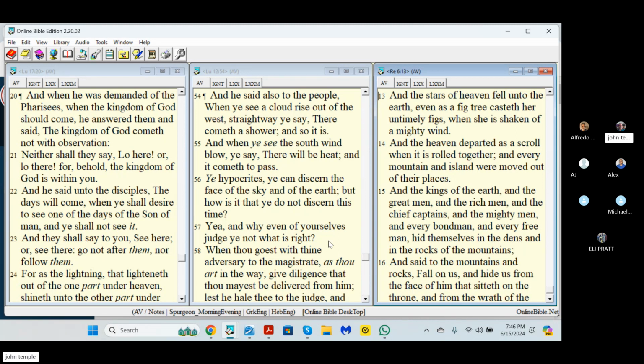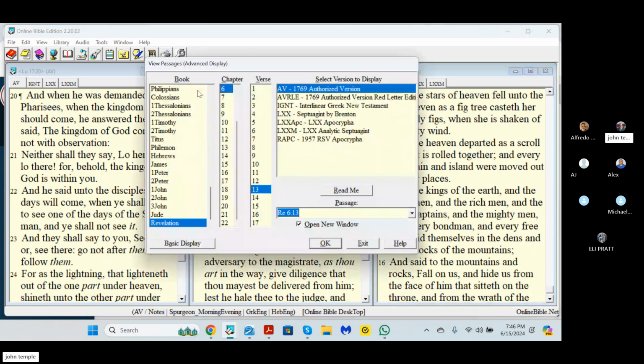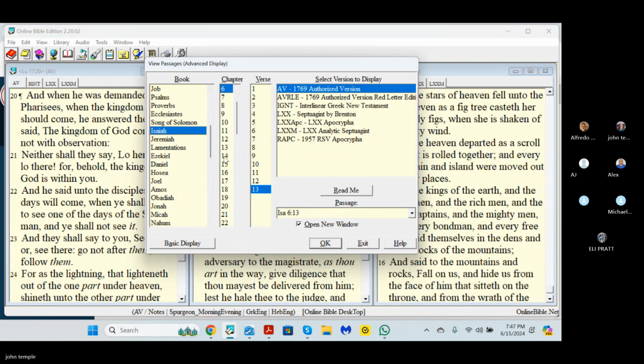And the basis, you'll find this in Isaiah 34. It goes back to that. Isaiah 34:4, let's see.